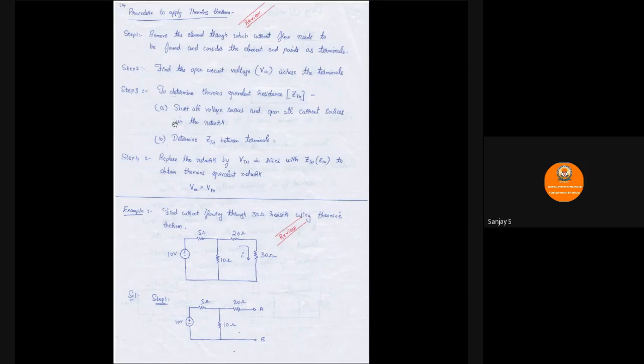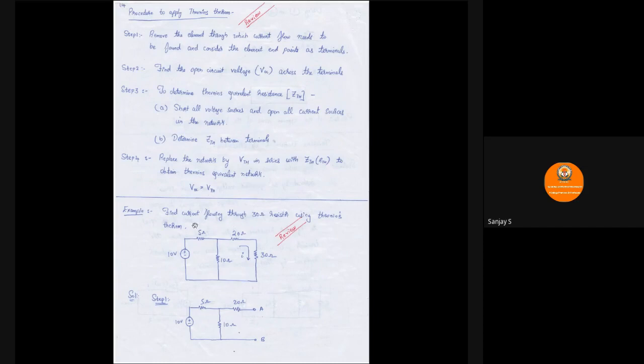For this, A, short all voltage sources and open all current sources in the network, and B, determine the equivalent resistance or equivalent impedance between the terminals. Step 4: replace the network by VTH in series with RTH to obtain Thevenin's equivalent network.